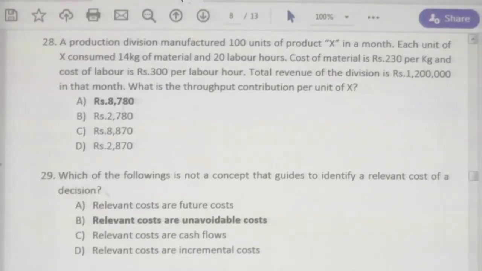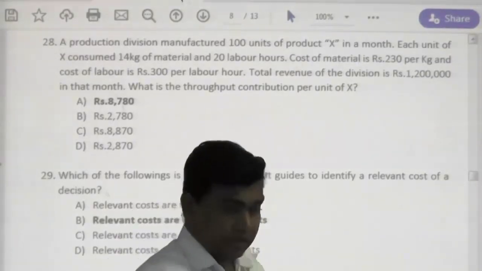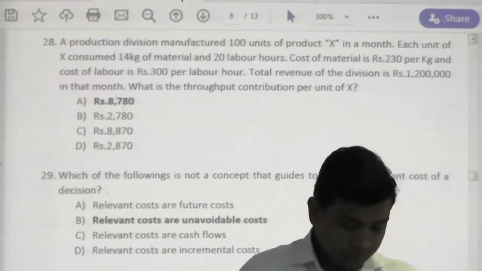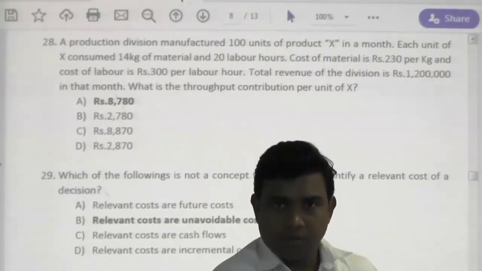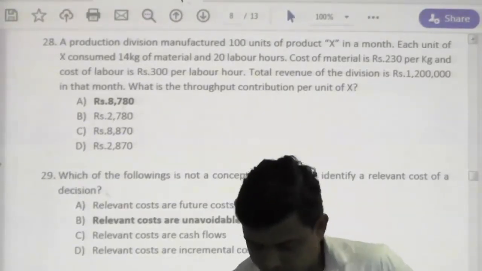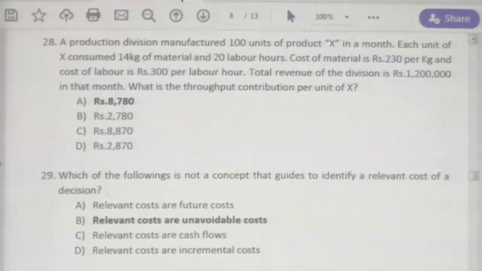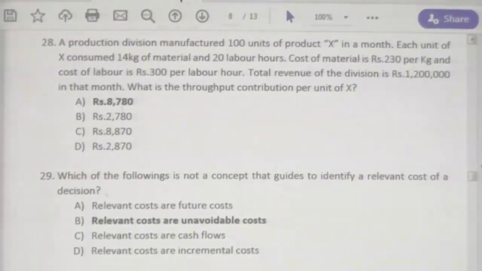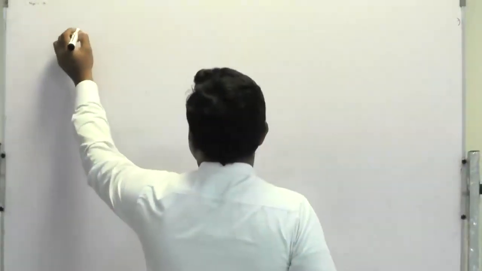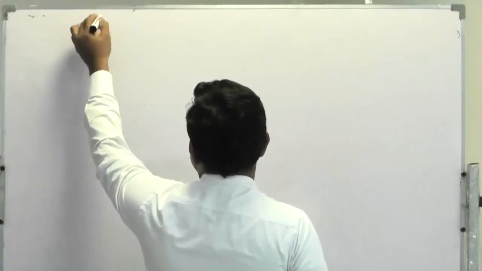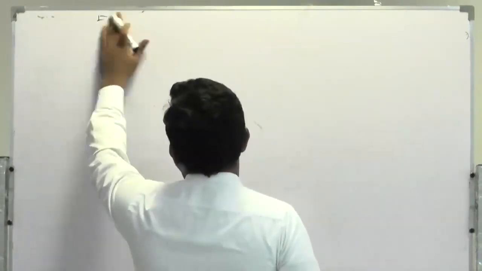I will explain this throughput theory on the whiteboard. This throughput accounting, right, you have to learn along with marginal costing. I will take the same story.